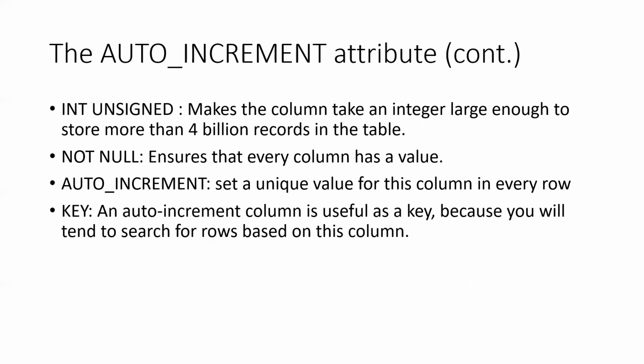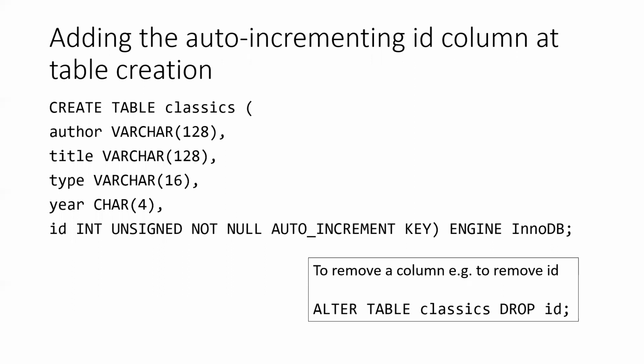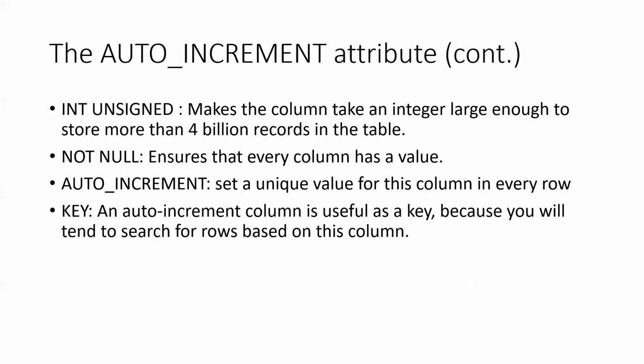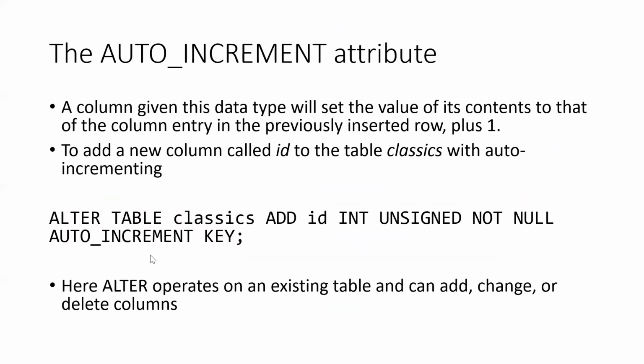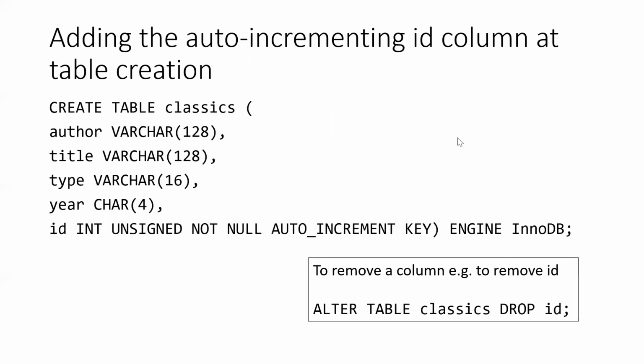Okay, so this is the explanation I already discussed. What we have seen earlier is that first you create this table with 4 fields, and then you add the ID column. Now let's see adding the ID column when you're creating the table. In this particular case, you will see CREATE TABLE classics, with author, title, type, year, and ID.